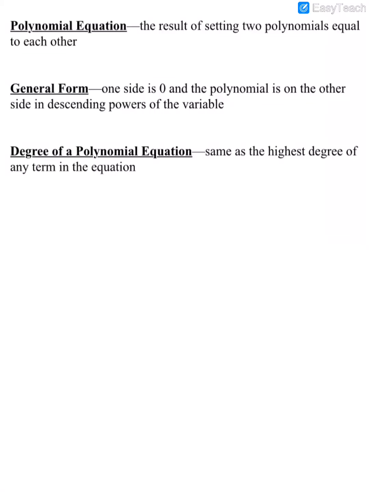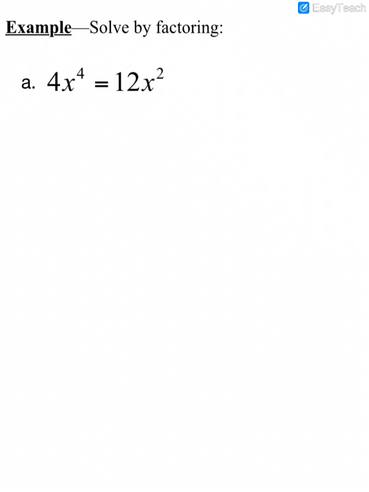So now let's solve some polynomial equations. This is a polynomial equation, and the directions say to solve by factoring. Anytime we're solving by factoring, our first step is to get everything on one side equal to 0, and we want to get it in descending order, or general form.